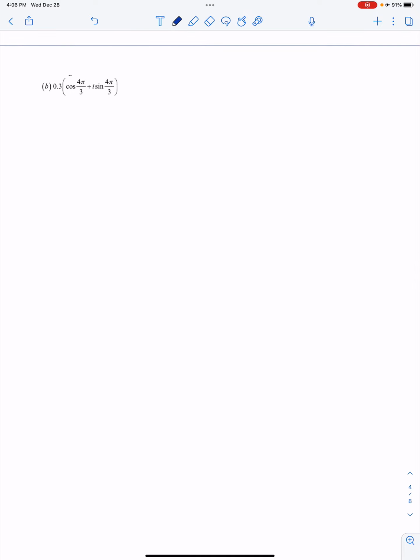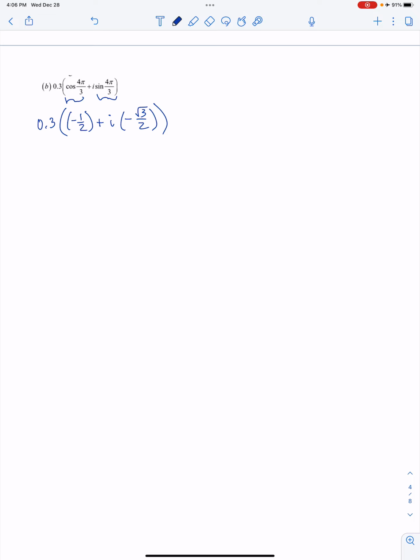Next we have 0.3 times cosine of 4 pi over 3 plus i sine 4 pi over 3. Same thing, I'm going to find out what these values are. What is cosine at 4 pi over 3? It's negative 1/2. And what is sine at 4 pi over 3? It's negative root 3 over 2. This is all being multiplied by 0.3.